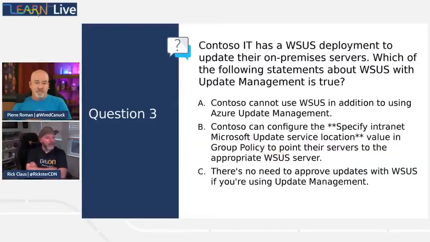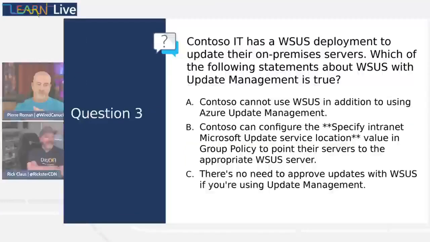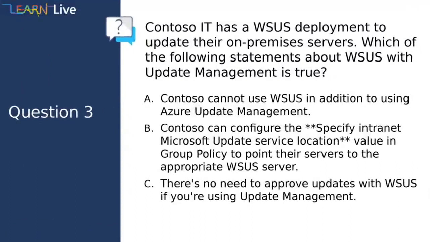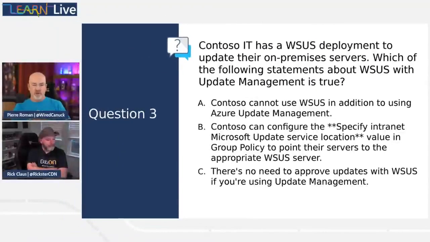Number 3 is the actual start of the knowledge check at the end. There's 3 questions inside this knowledge check. You want me to take this one, or you want to take it? I'll take that one. Okay. So Contoso IT has a WSUS deployment to update their on-prem servers. Which of the following statements about WSUS with update management is true?